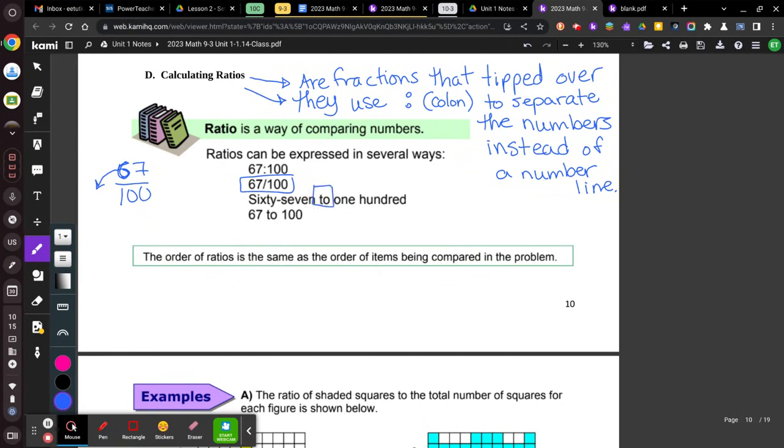We use the word to. So instead of saying 67 out of 100, we say 67 to 100. So the way we word it and the way we say it is a little different than fractions. Fractions are out of a number, whereas a ratio is to a number.